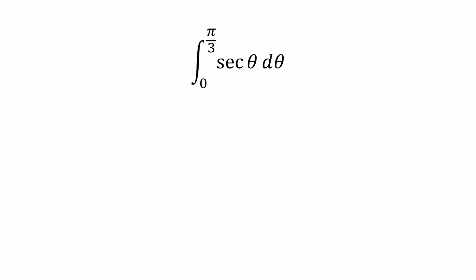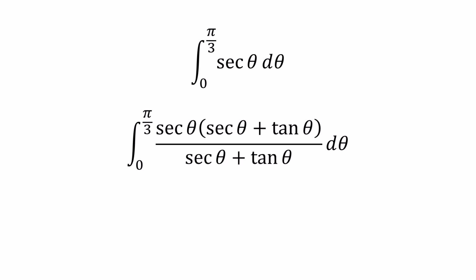Multiplying the numerator and denominator by secant of theta plus tangent of theta gives the integral from 0 to pi over 3 of secant of theta times secant of theta plus tangent of theta all over secant of theta plus tangent of theta d theta.